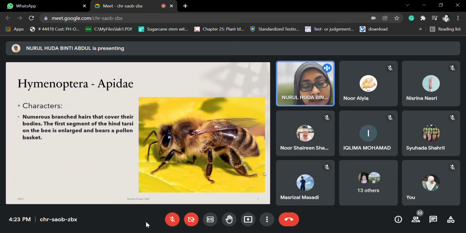Other than that, membranous forewing. Yes, they have both forewing and hindwing membranous. And you can say juga pasal sayap dia ni, okay, it's totally hyaline, maksudnya dia totally transparent.